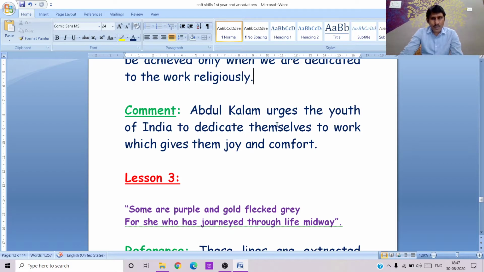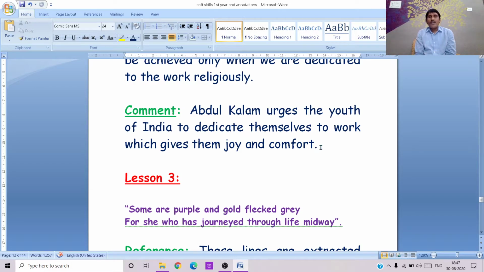Comment. Abdul Kalam urges the youth of India to dedicate themselves to work which gives them joy and comfort. Through this lesson, Abdul Kalam gives a message to the youth of India that they should dedicate themselves to their work, and that work itself gives them comfort.